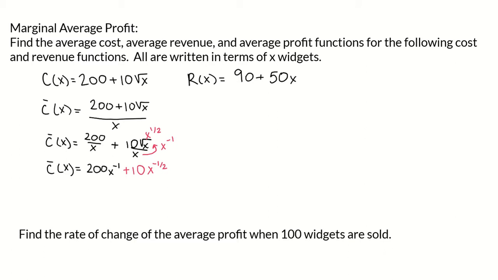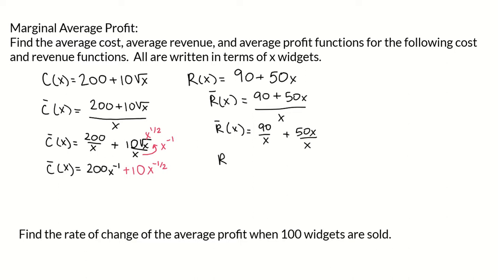Now let's find the average revenue function. We're going to start the same way and find R bar of X, the average revenue function. So we take the revenue function and we divide by X. And then split the fraction, that's going to be 90 over X plus 50X over X. Again, let's think about writing this with negative exponents instead of fractions.